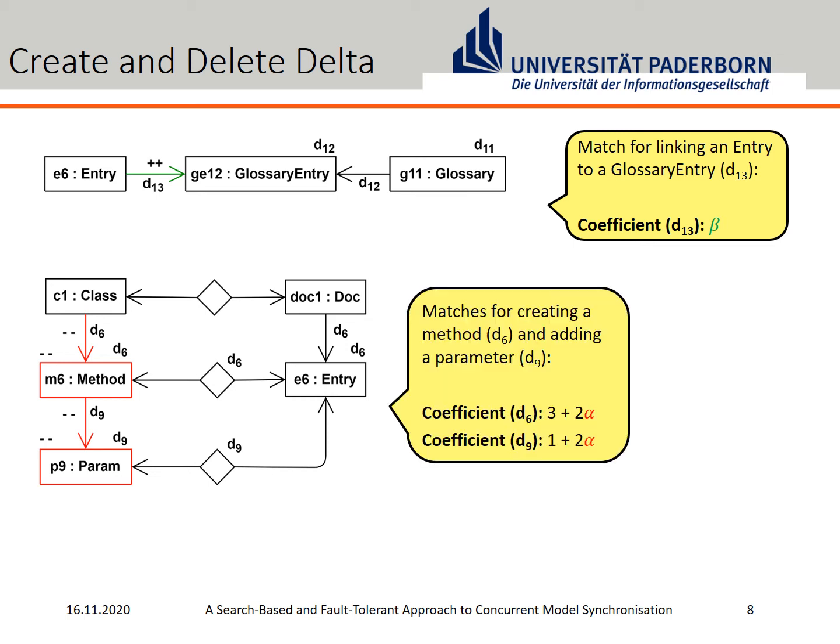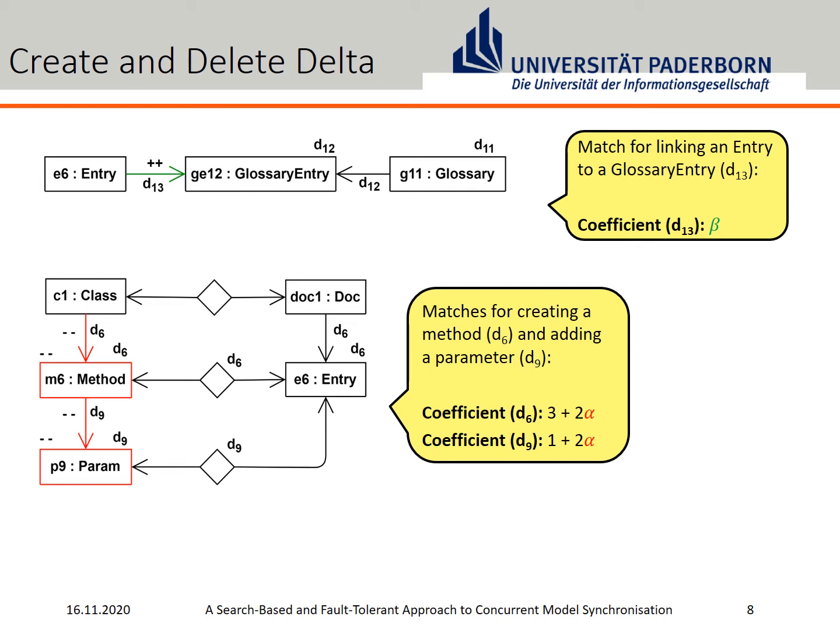Rule application D6 marks 2 red elements in the source model, 2 black elements in the target model, and a black correspondence link, which results in a coefficient of 3 plus 2 alpha: 3 for the black elements and 2 alpha for the elements to be deleted. Similarly, the rule application D9 marks 2 red elements and 1 black correspondence link, resulting in a coefficient of 1 plus 2 alpha.